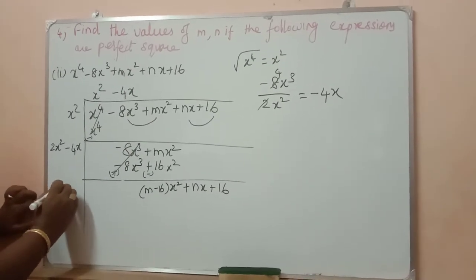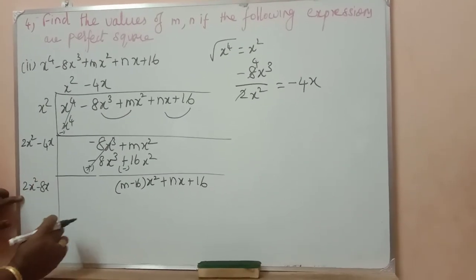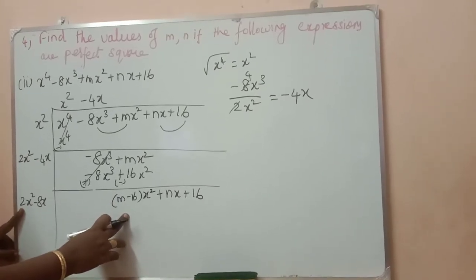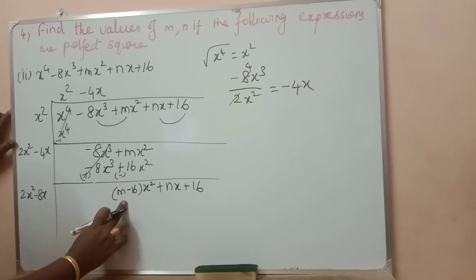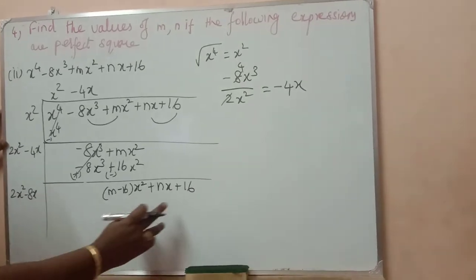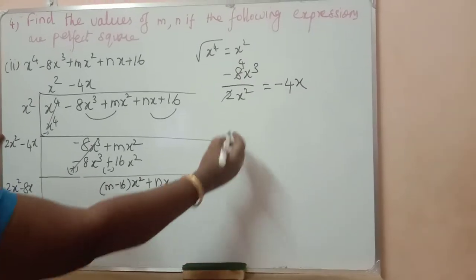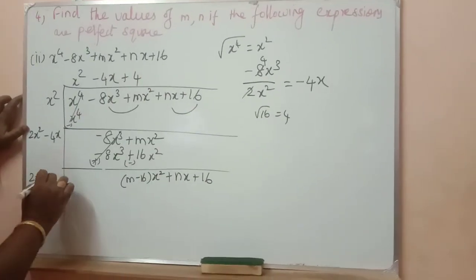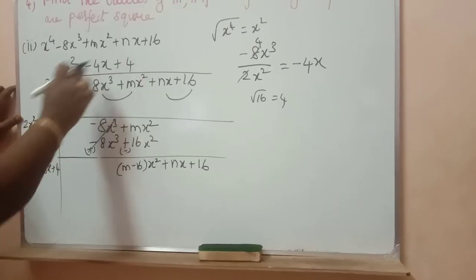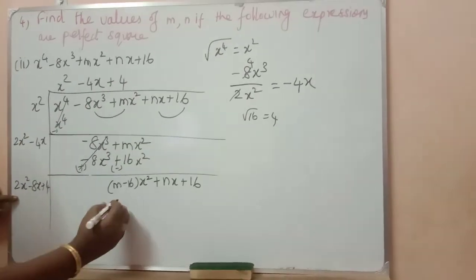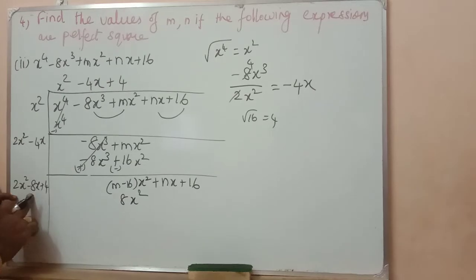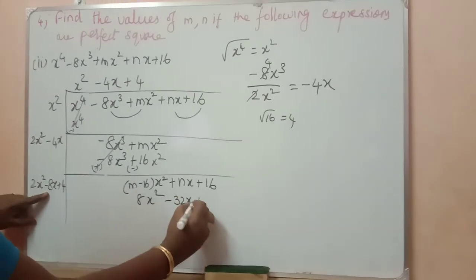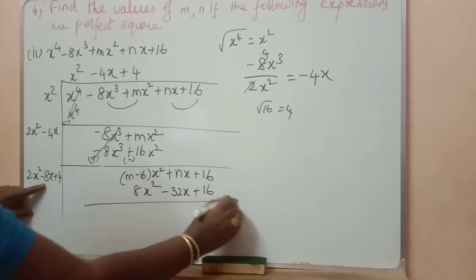So 2x square minus 8x. Now here m minus 16, first term by first term we cannot do. We can do, but it will be in terms of m. So to do easily, see the last term 16. Square root of 16, 4. So it is confirmed that 4 will come here. So write 4 at the top and at the left. Now multiply by 4, 8x square. Multiply by 4, minus 32x, then 4 4s are 16.